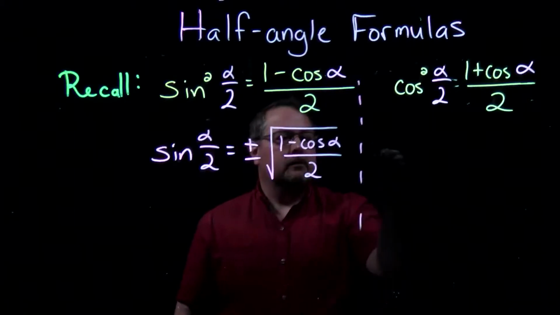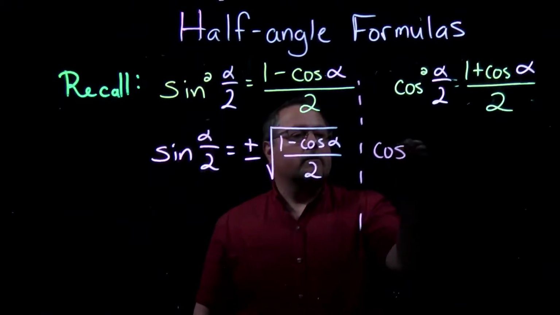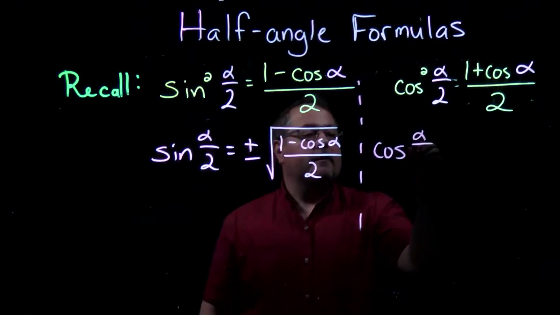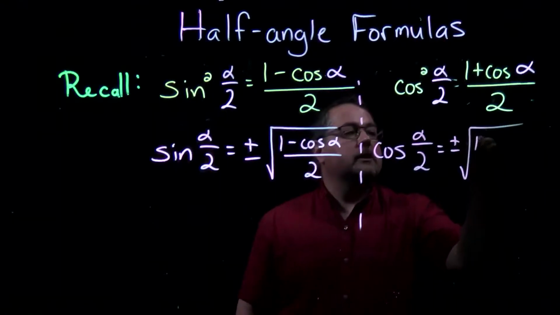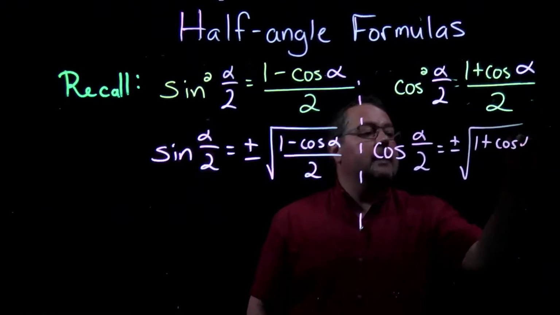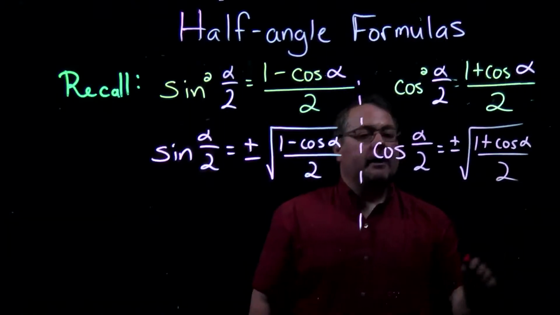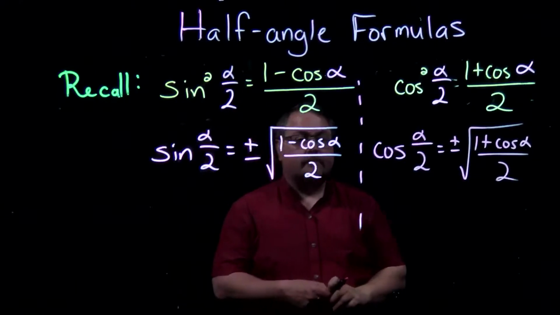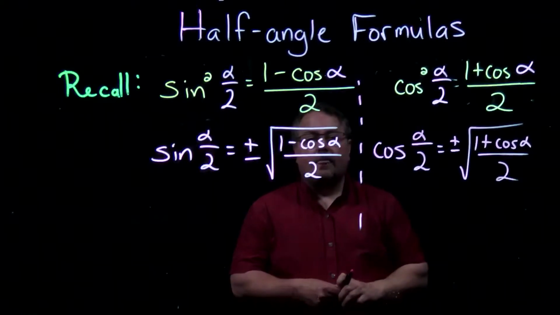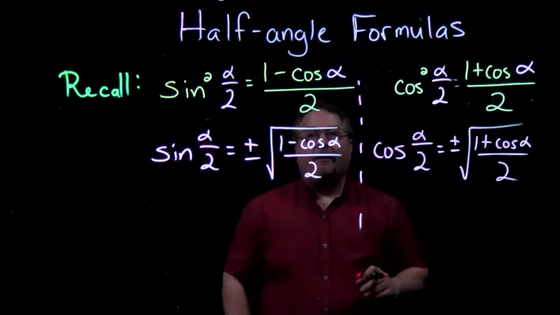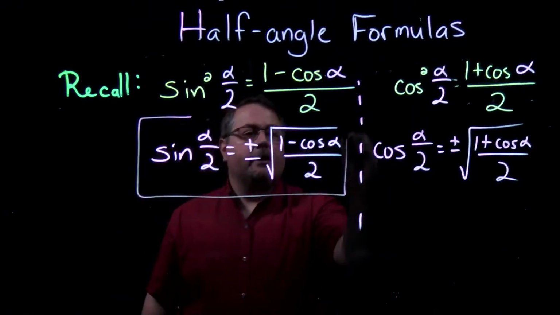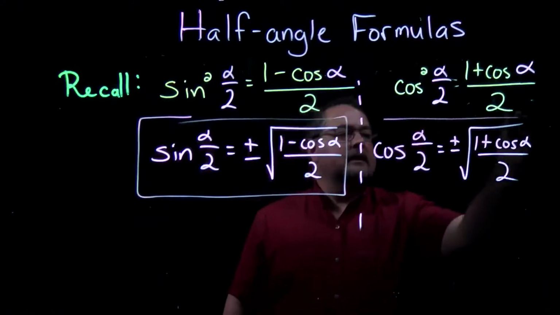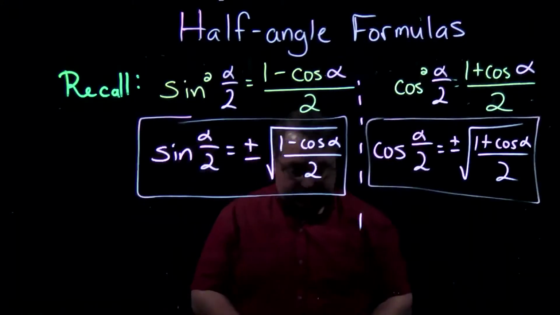Similarly, the cosine of alpha over 2 is plus or minus the square root of 1 plus cosine alpha divided by 2. These are going to be our half-angle formulas for sine and cosine. This is the half-angle formula for sine. This is the half-angle formula for cosine.